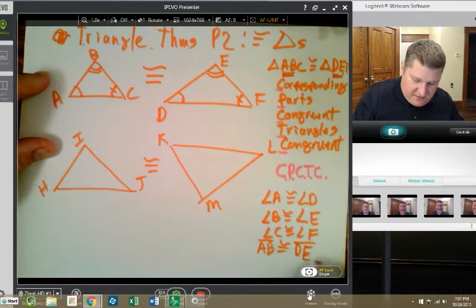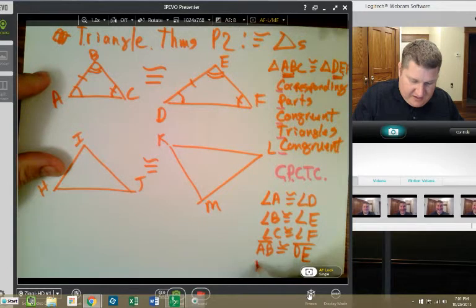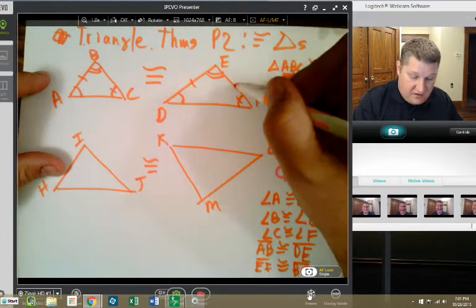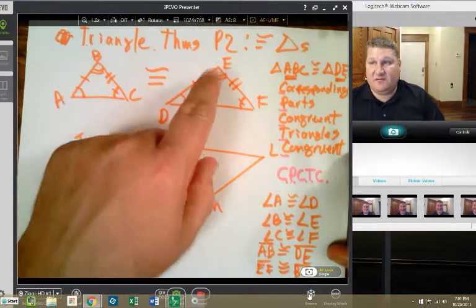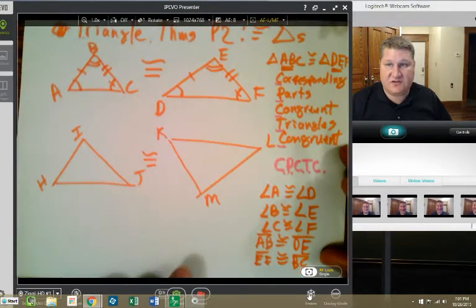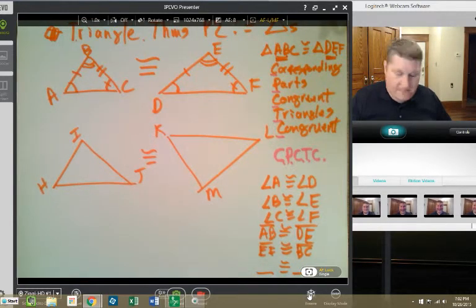And so I now need to label that with a tick mark. Then I can say EF is congruent to BC. You'll notice I started over here this time, which is no big deal because remember, if this is the same as this, this is the same as this, it's actually biconditional. There is one more set of sides, and you guys need to tell me what those are.